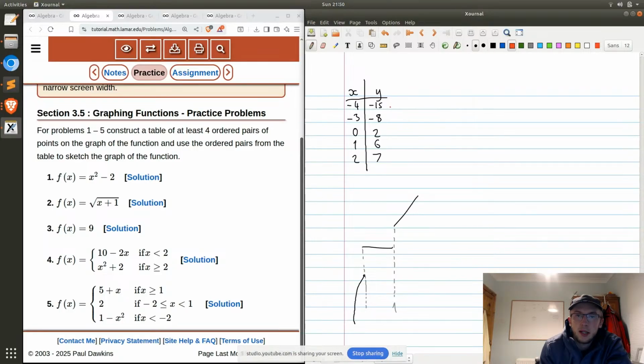And so here are the layers. That's the bottom piece, the parabolic piece. This is the middle piece of the function, the constant function. And this is the top piece of the function, the linear piece. Linear piece, constant piece, parabolic piece.